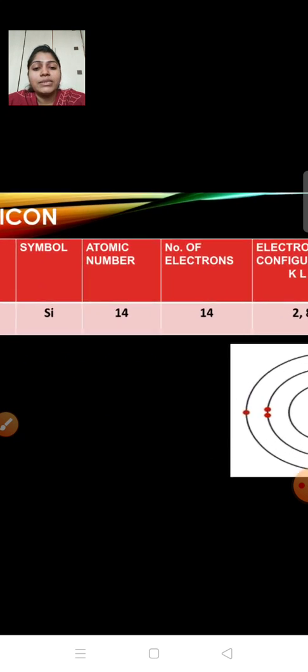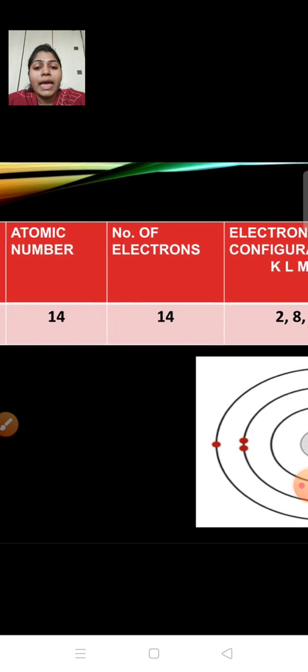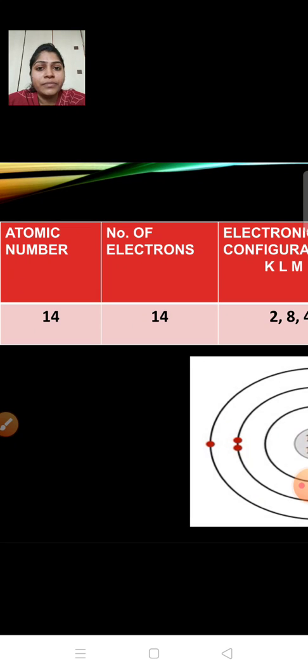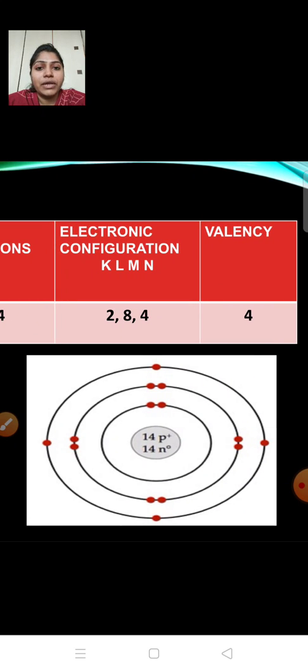Next one is silicon. Now symbol of silicon is Si. Atomic number 14. Number of electrons 14. Electronic configuration 2 electrons in K shell, 8 electrons in L shell and 4 electrons in M shell.